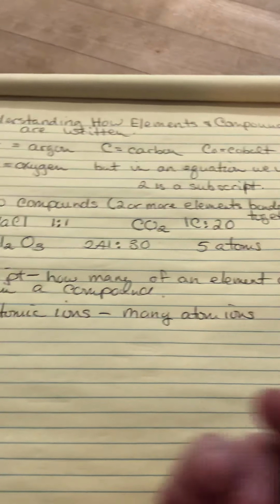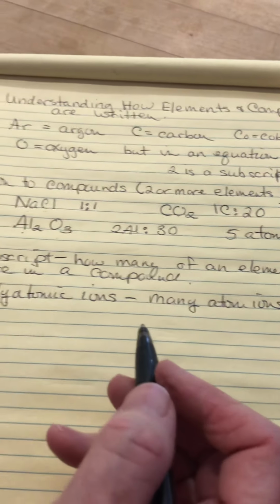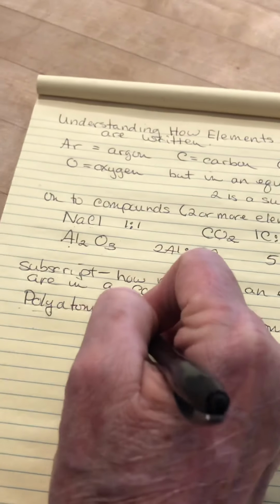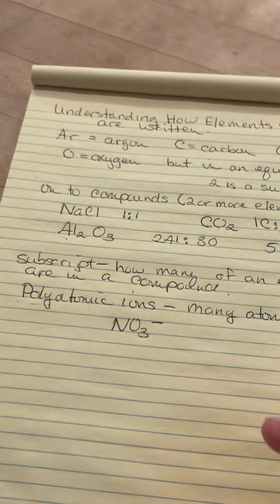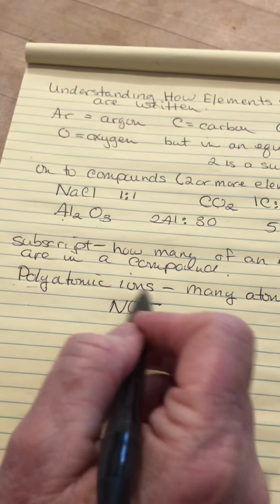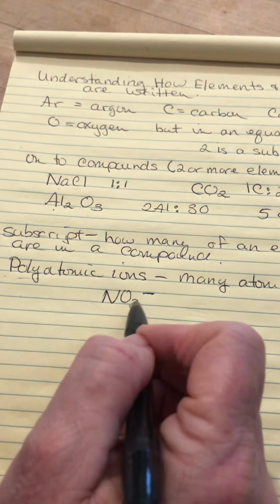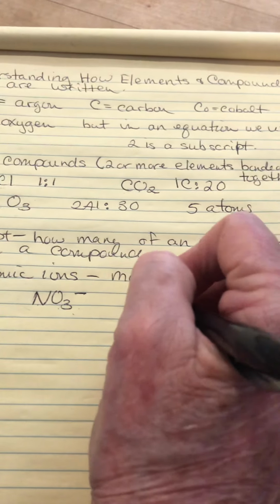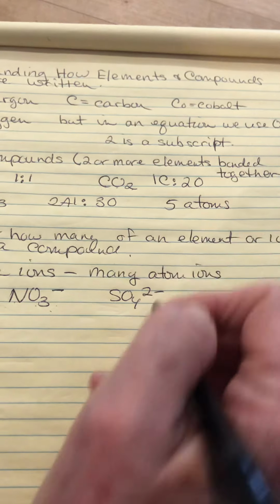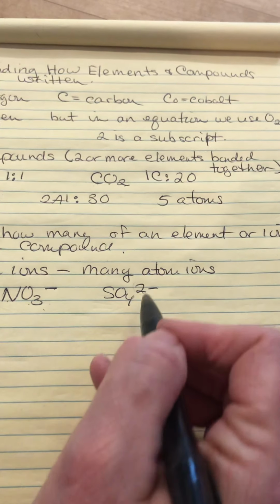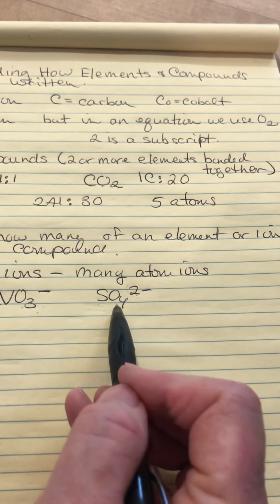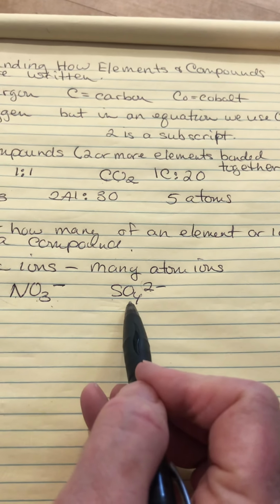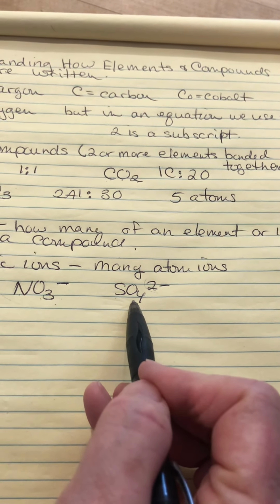You don't really have to worry about that right now. Examples of them would be things like the nitrate ion, NO3, with a 1- charge. That extra electron is spread around the 1 nitrogen and the 3 oxygens. Or sulfate, SO4, 2-, where the 2 extra electrons are spread among the 1 sulfur and the 4 oxygens. Don't worry too much about where they are.